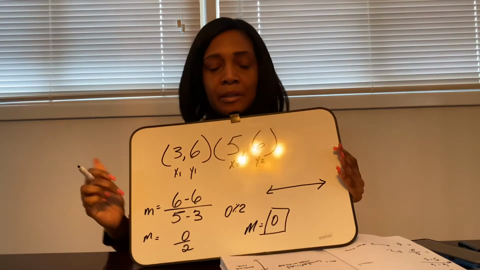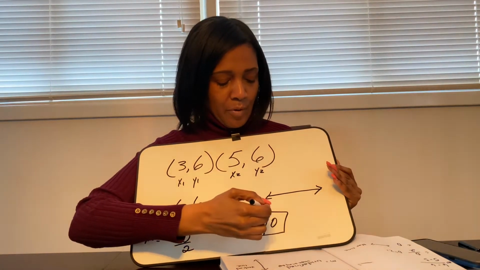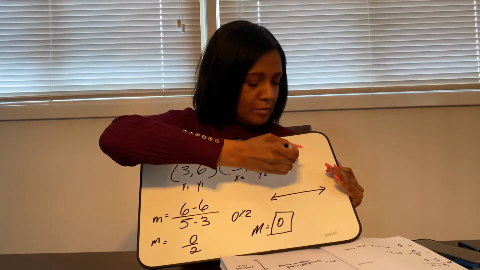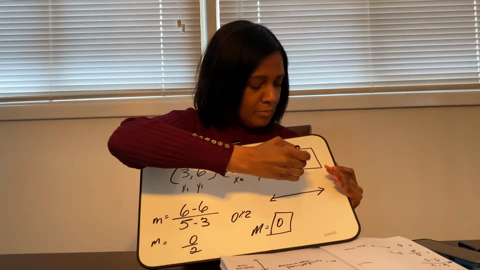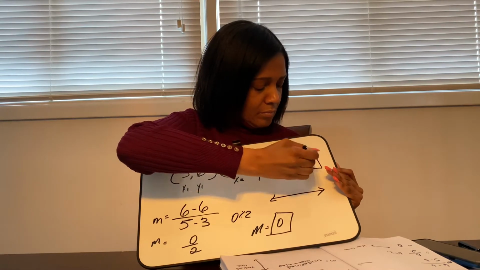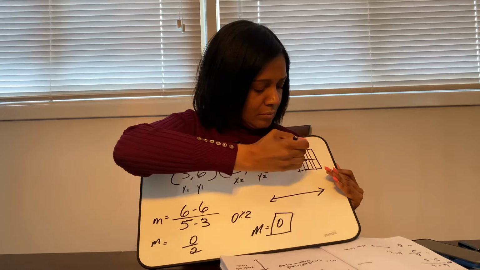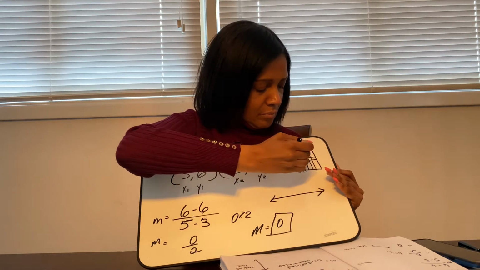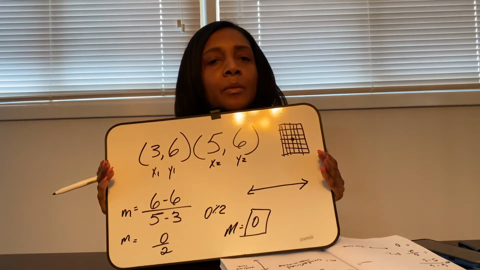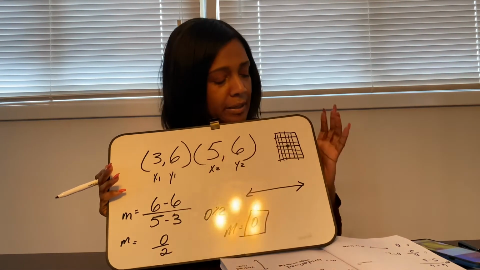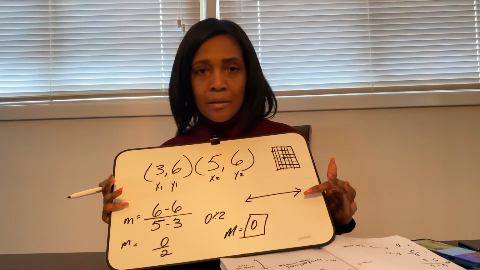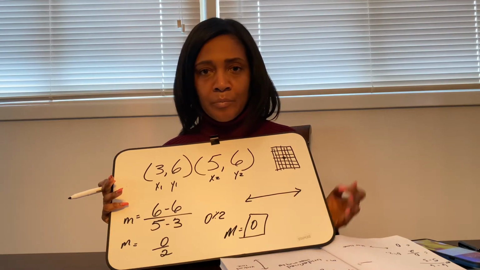The 0 is basically represented if you have a problem on a graph or on a plane. Let's say you are presented with a problem with a coordinate plane like that, and they said, what is the slope of this problem?